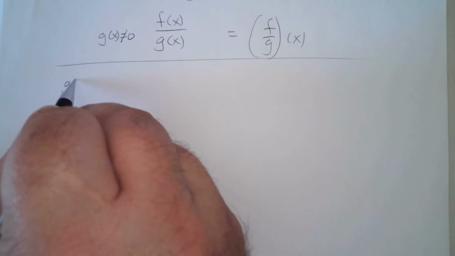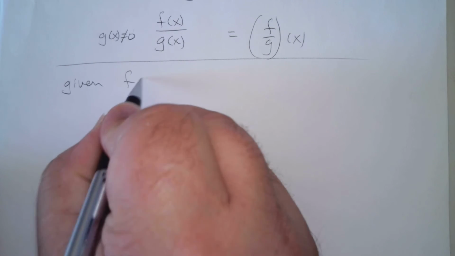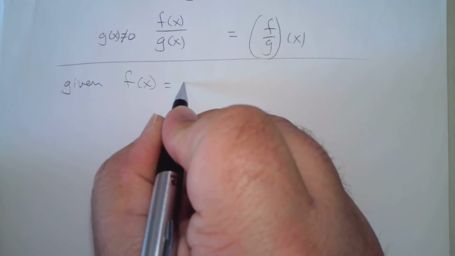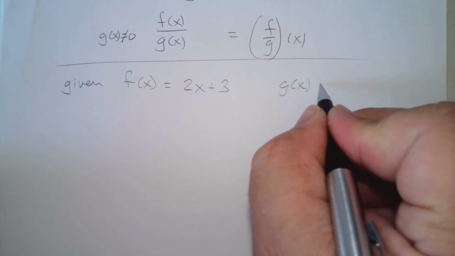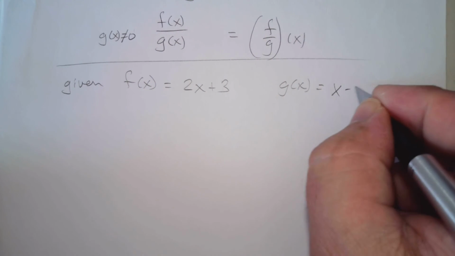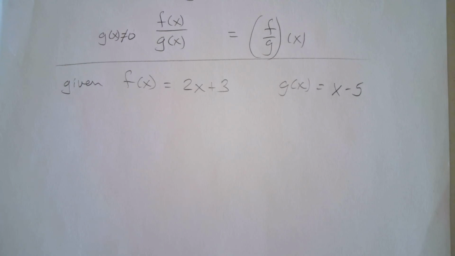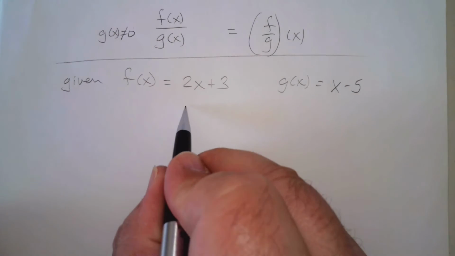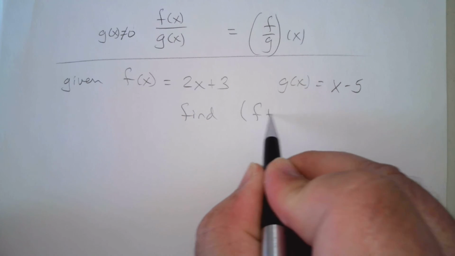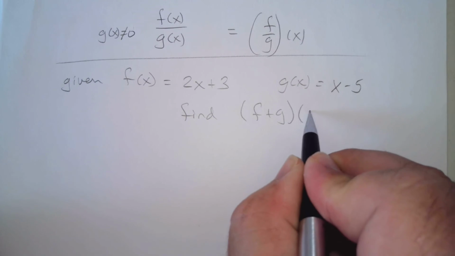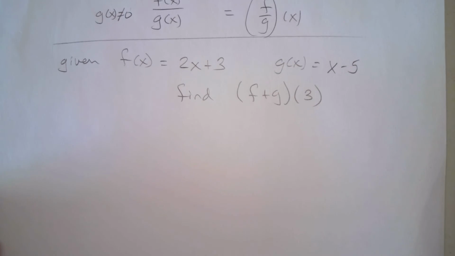So, given these two functions, 2x plus 3 is f of x, and x minus 5 is g of x. I want you to find f plus g of 3.